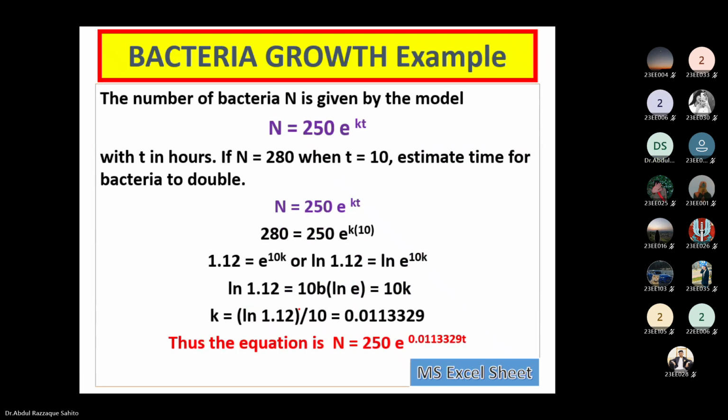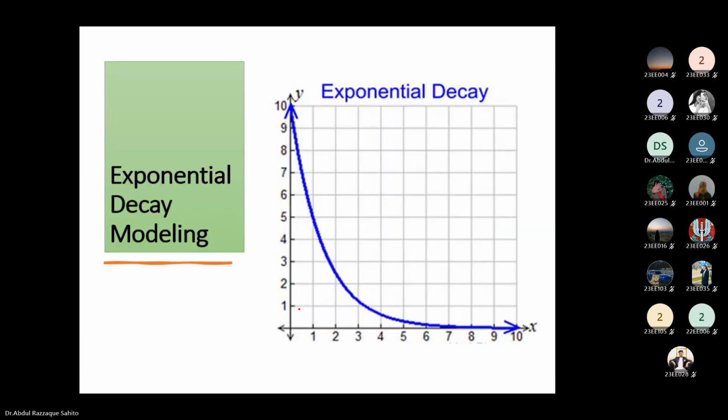Let's move to the second part of this presentation, which is exponential decay. We have a y-axis for population and an x-axis for time. If you look at this blue curve drawn on the graph, as the time increases from 0, 1, 2, 3, you can see that the population is decreasing.